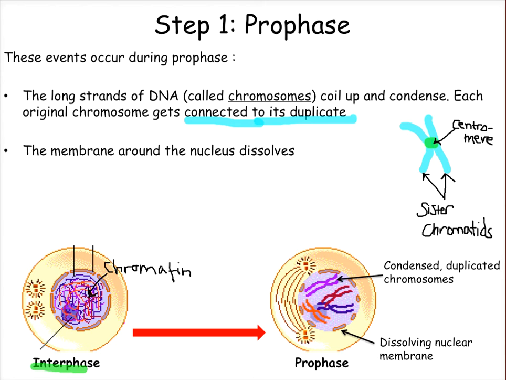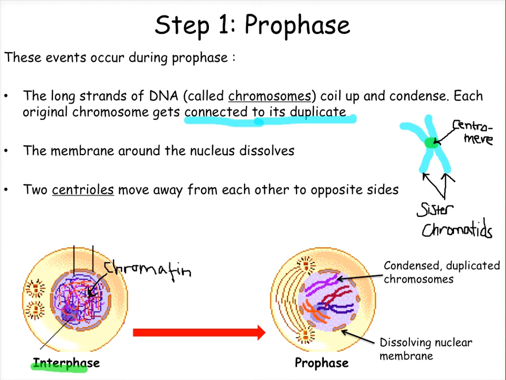Finally, during prophase, two organelles called centrioles assemble themselves and move away from each other to opposite sides of the cell. So that is what we see happening right here. These centrioles are moving away from each other, and we're going to see why this is important when we get to the next stage.